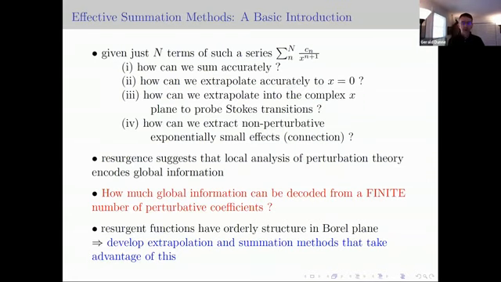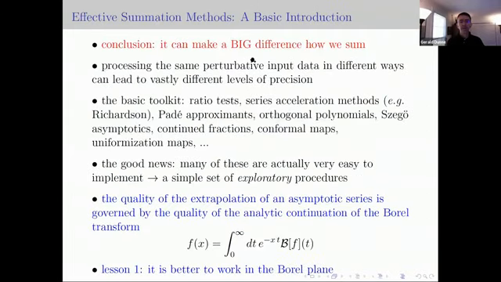So the bottom line, if you remember nothing else from this lecture, is that it can make a really big difference how we sum. And there are relatively simple procedures you can follow to squeeze more and more information out of this input formal series. The basic toolkit is fairly simple. It's simple things like ratio tests and series acceleration methods. These are textbook material.